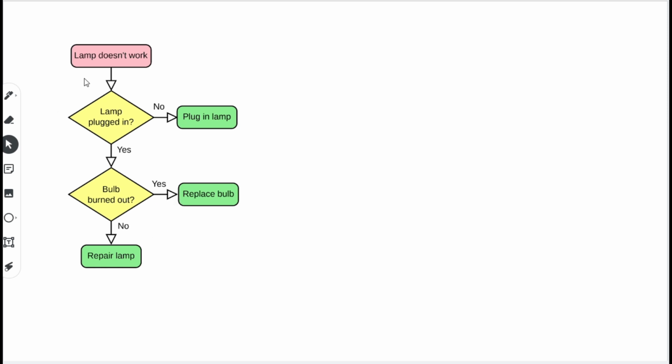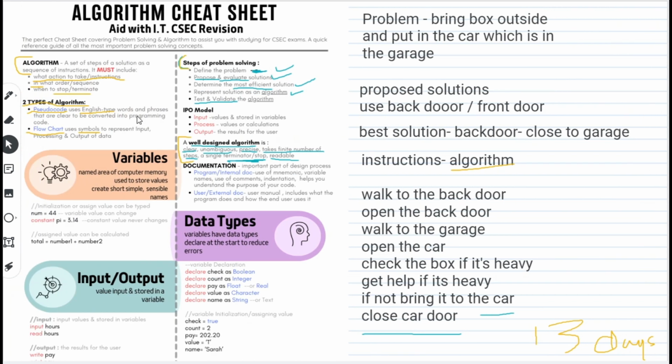So if they ask you to draw a flowchart, you know you're going to be doing symbols. You'll be using words, yes, but you will incorporate symbols, whereas an algorithm is going to be more English-like. All right? Clear as mud or clear as water?